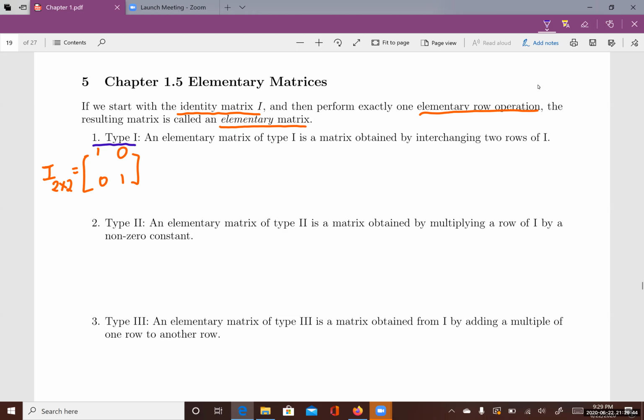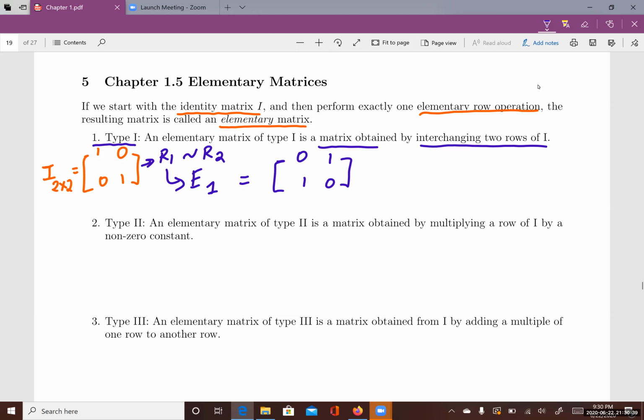Type 1 is a matrix obtained by interchanging two rows of an identity matrix. Let's call it E1. E1, the first type of elementary matrix, is the resulting matrix from interchanging two rows of I. If I interchange row 1 and row 2, I get E1 from this identity matrix, and this E1 will be 0, 1, 1, 0.